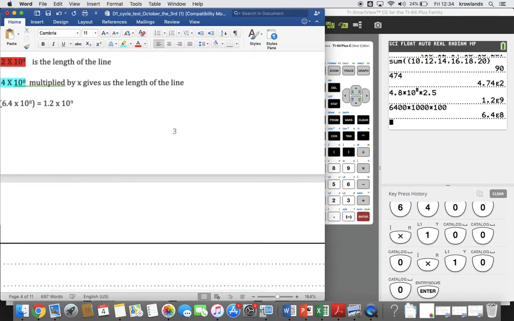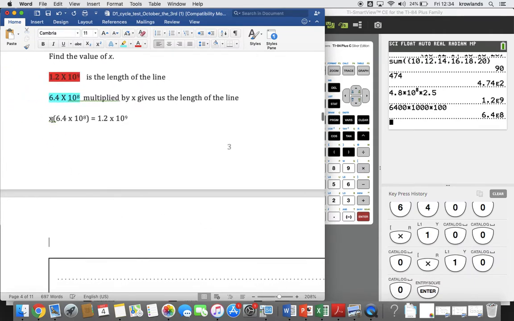We're going to say the following, that we've got X times something equals this. So all we need to do to find X is write down the right hand side of the equation, which is 1.2 times 10 to the power of 9 and we need to divide it by whatever is currently on the left hand side. So I'm going to copy this and I'm going to put it here.